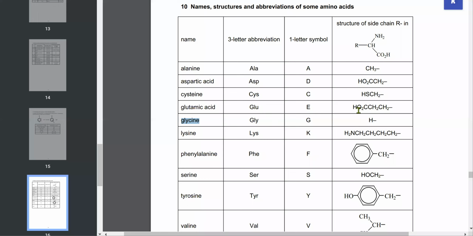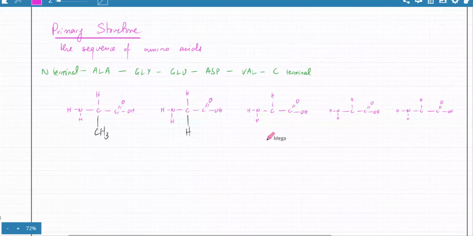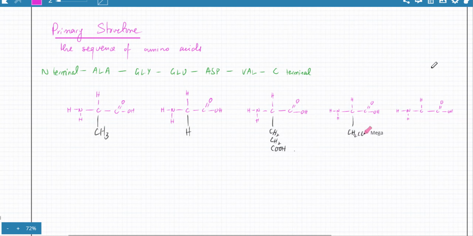Glutamic acid was CH2, CH2, COOH. So that was CH2, then another CH2, and then finally you had COOH. That was glutamic acid. Then you have ASP, which is aspartic acid, which I think is just CH2, followed by COOH.